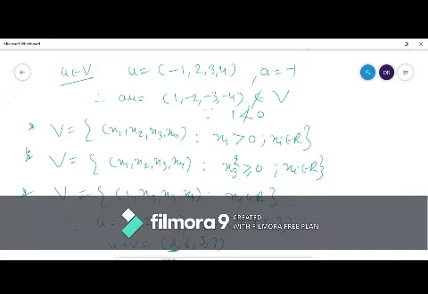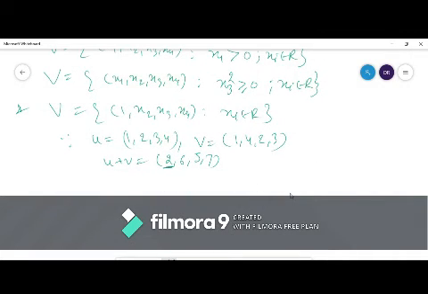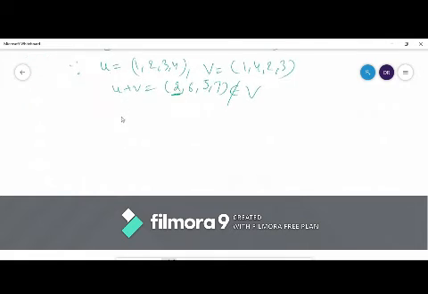First element is not equal to 1. Therefore, u plus v doesn't belong to V. Hence, V is not a vector space.